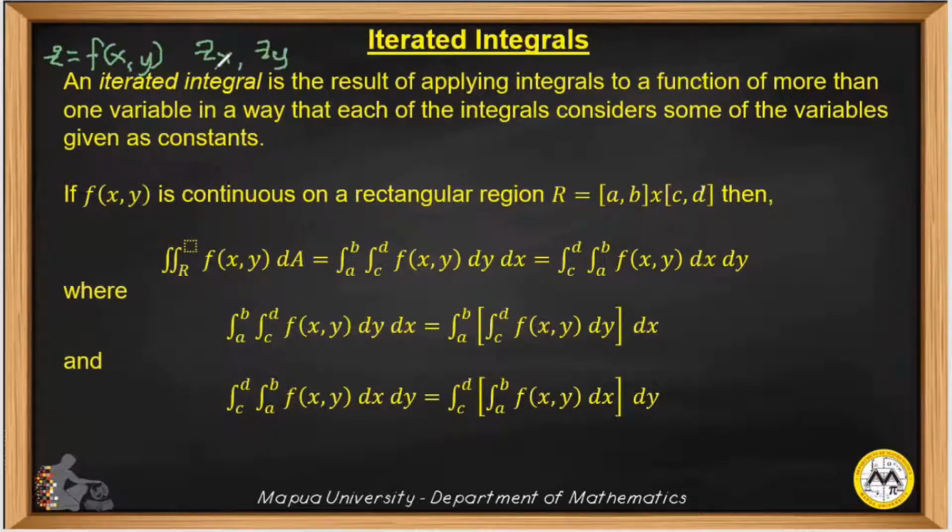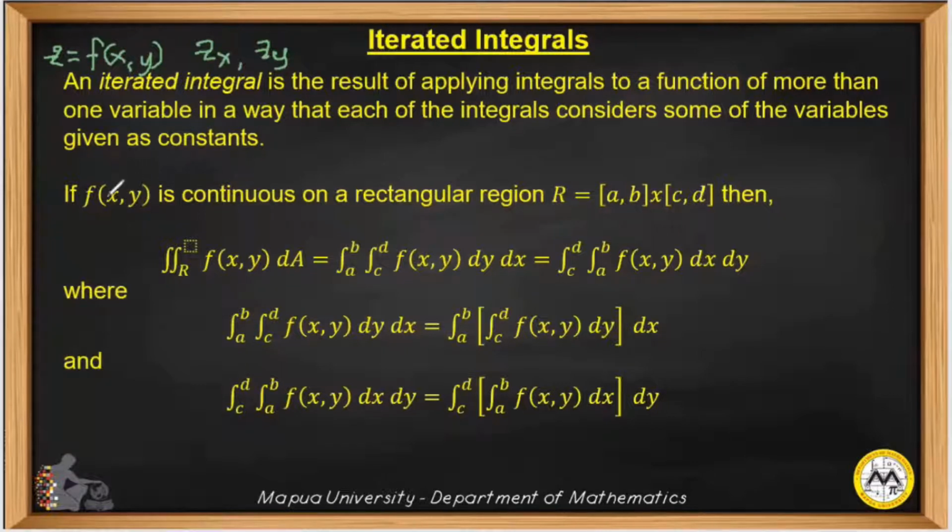Now, getting the partial derivative with respect to a variable sets the other variable as constant. This is what we also do when evaluating iterated or multiple integrals. When evaluating with respect to a variable, all the other variables are held as constant.